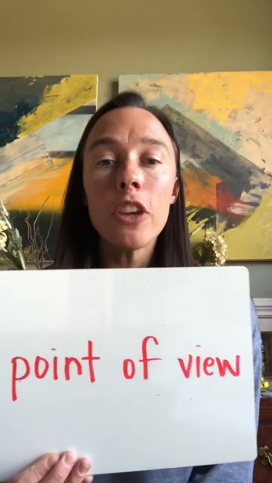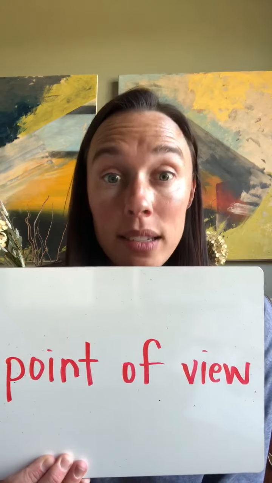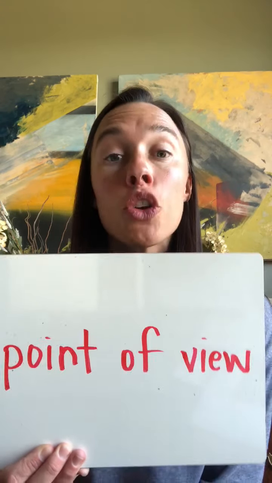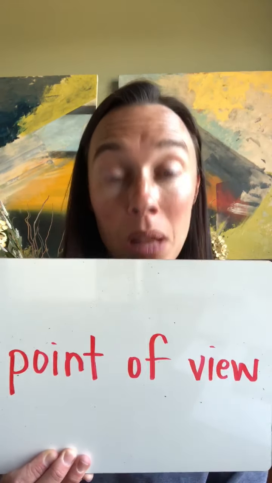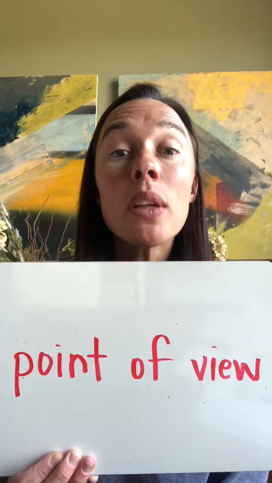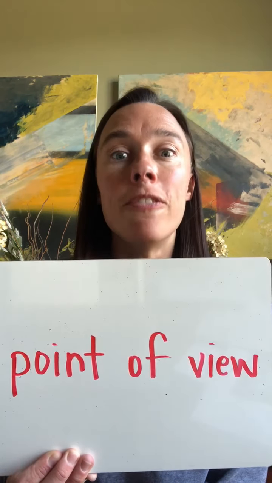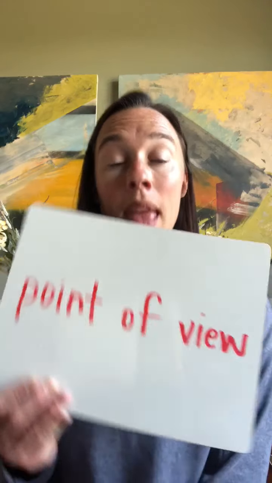I hope you started thinking that, wow, in the first one, Miss Metz was very close to me. All I could see was her head. Her face was huge. So your point of view was directly in front of me. Your point of view was up close to me. Your point of view was very near.